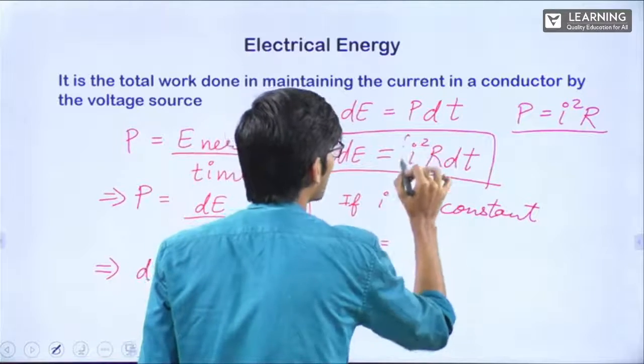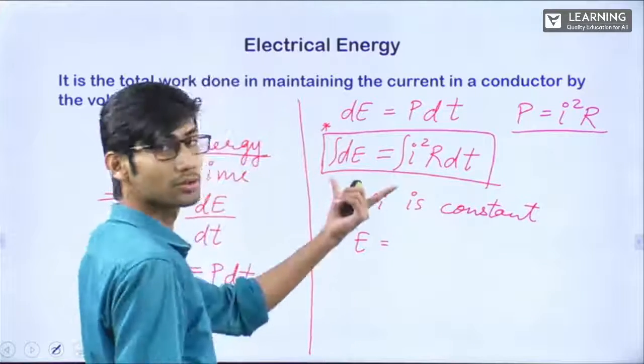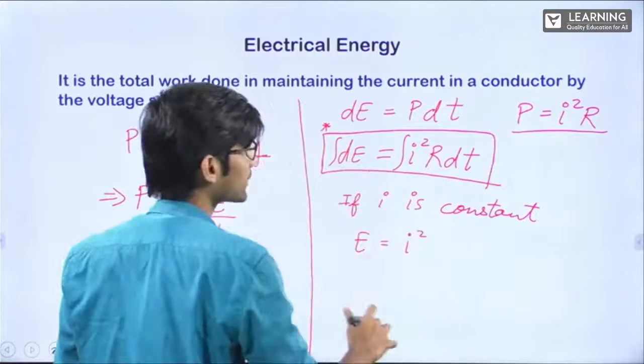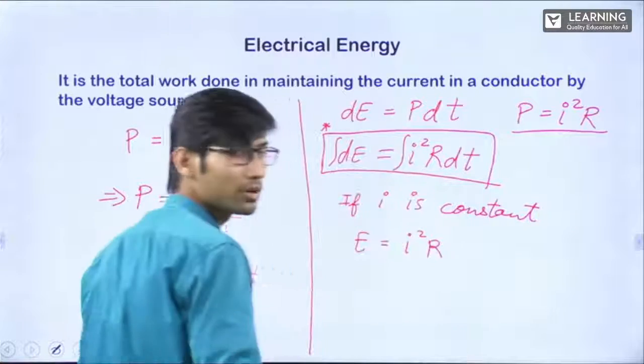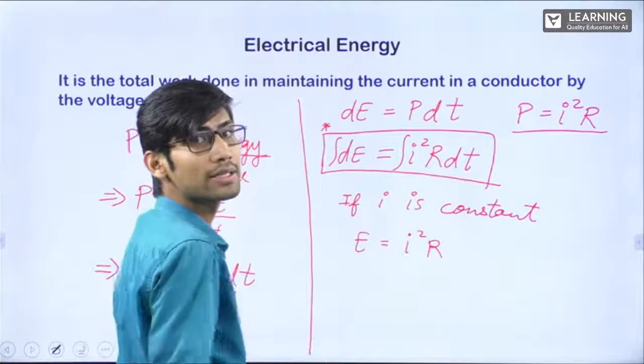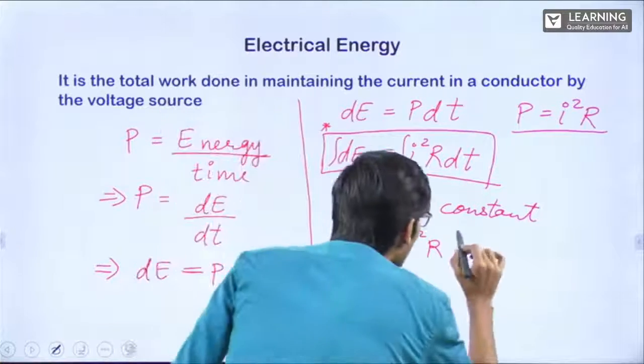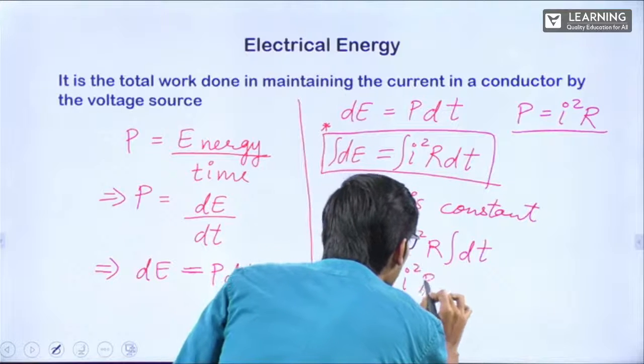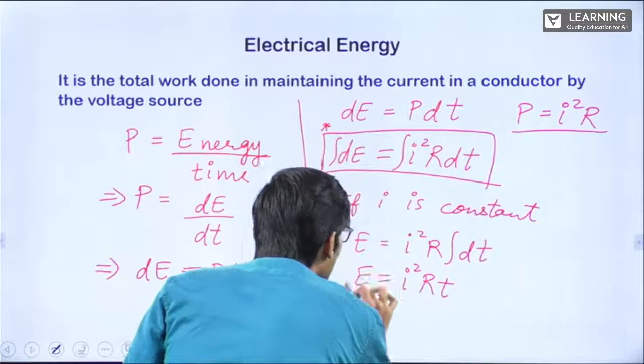Remember this. So E will be equal to, I square will come out of this integration sign, R will also come out, R is always constant, integral dt. What is integral dt? That is I square R into T. This is the energy.